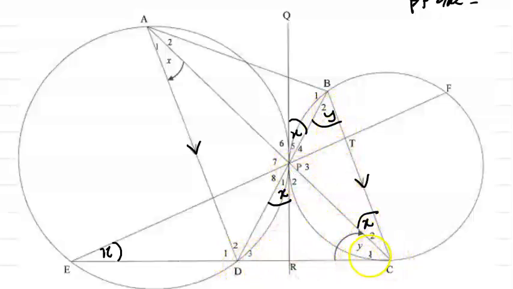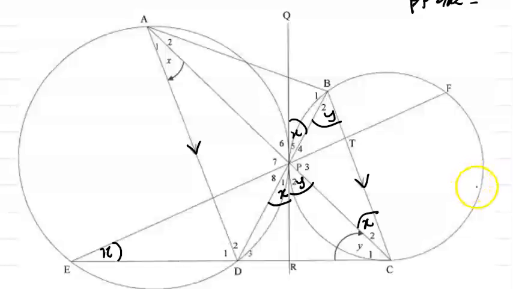So B2 is going to equal C1 equals Y, and that's going to be the tan chord theorem. Now, let's look at any other angles which are going to equal Y. Well, there you go here. If that's Y, there's your chord, which is PC, and there's your tangent here, which is now QR, so that's also going to be Y, tan chord there. So there's Y and there's Y there. Right, so B2 equals P2 equals Y, tan chord.